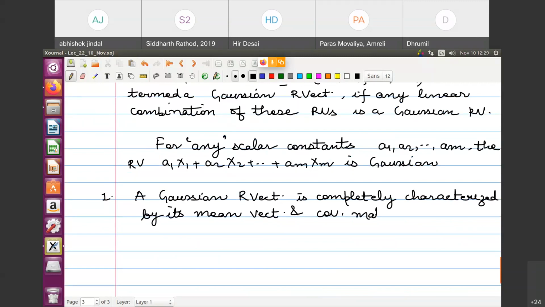It means you do not need anything else to completely characterize the statistical behavior of a Gaussian random vector. Why is it so? Let us see this.